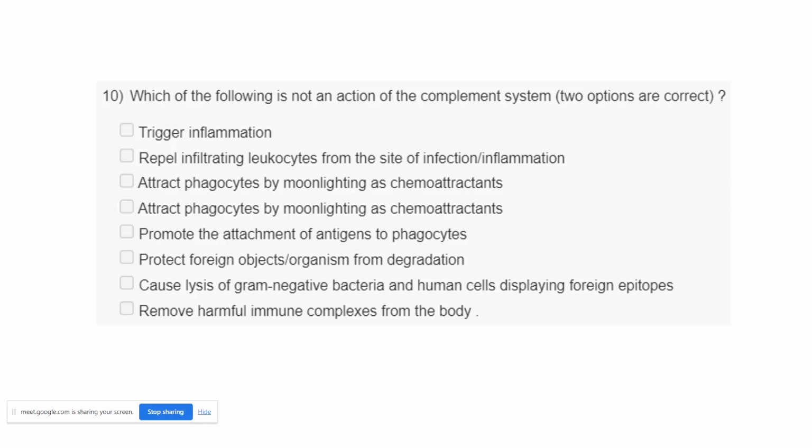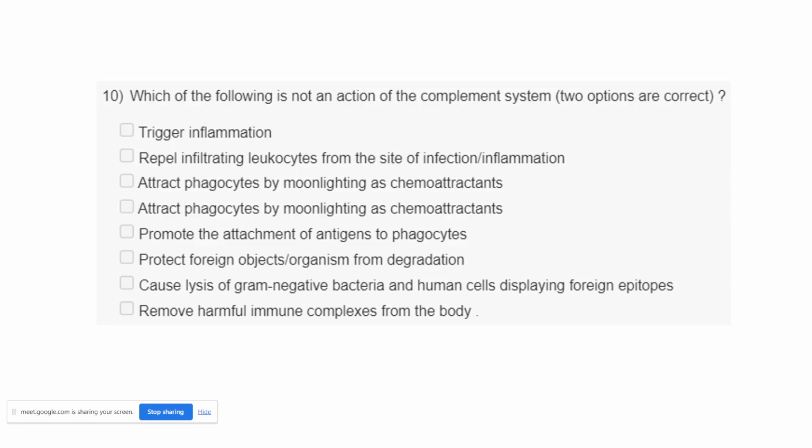Okay. Next question. Which of the following is not an action of the complement system? You have to select two correct options. Trigger inflammation, repel infiltrating leukocytes from the site of infection or inflammation, attract phagocytes by moonlighting as chemoattractants. The same option is repeated again.